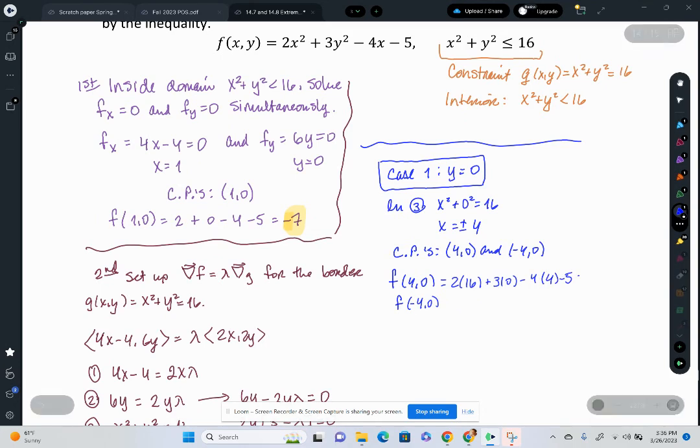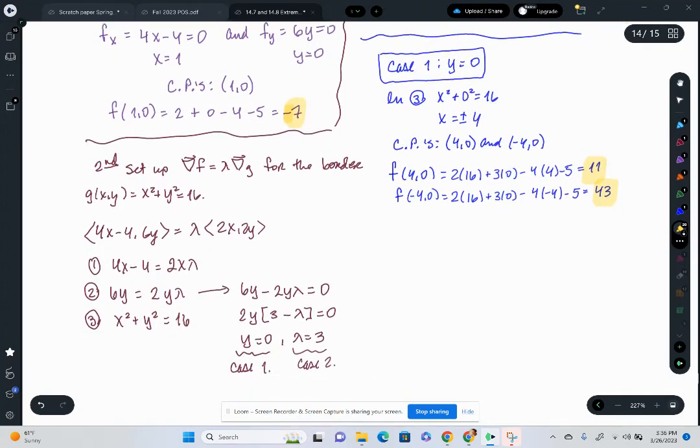That's going to add up to 11. And when I do (negative 4, 0), I get 2 times 16 plus 3 times 0 minus 4 times negative 4, and then minus 5, and this will add up to 43. Okay, so I have 2 more values from critical points from case 1.